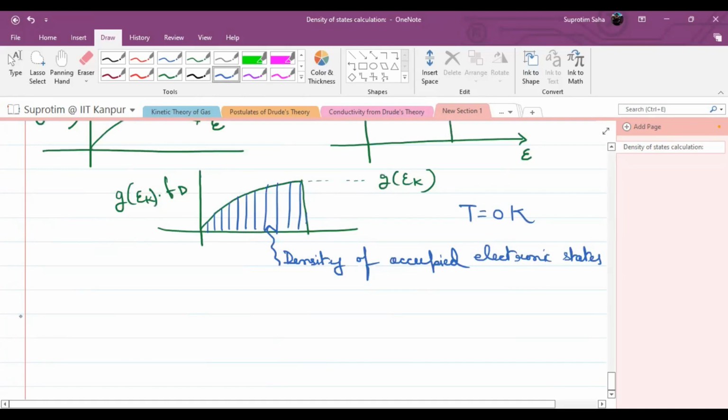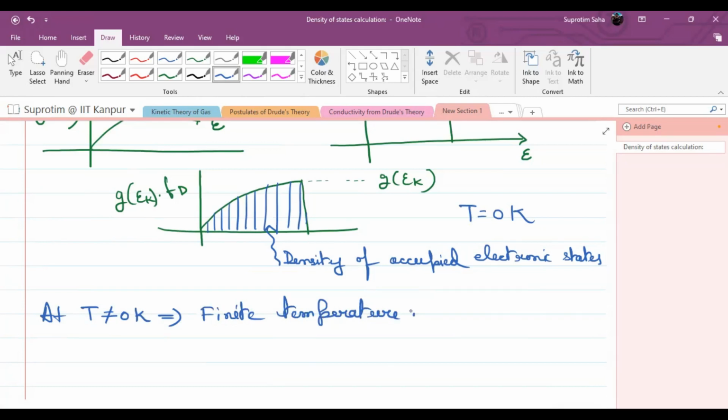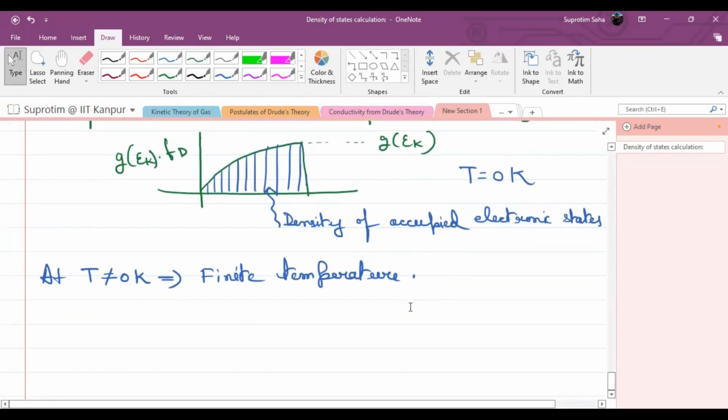But now if you have to do it at a finite temperature, if you recall, our density of states did not anywhere require the effect of temperature, because in the quantum model the electronic behavior does not depend on the temperature, which it did in case of the Maxwell-Boltzmann distribution. With increasing temperature, the distribution of the electrons spread. So there is no temperature involved in the density of states.